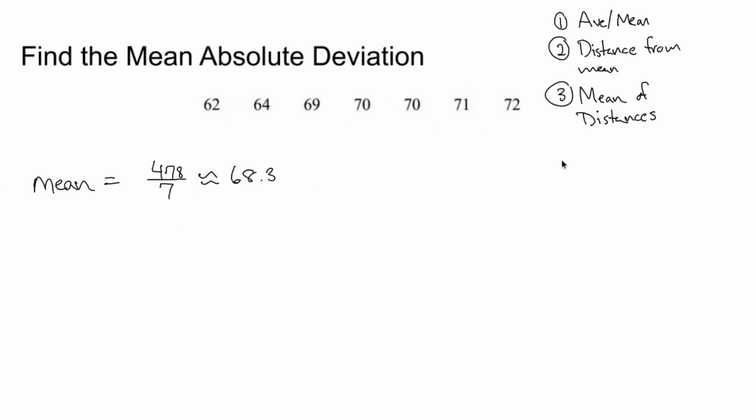So what I need to do now is find the distances from the mean for each of them. So I'm going to do 7 subtraction problems enclosed in absolute values. So that was step 1. Here is step 2, the distances.